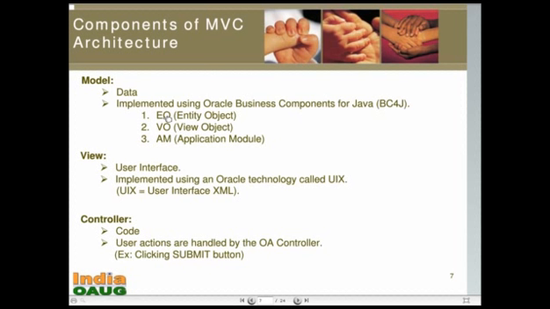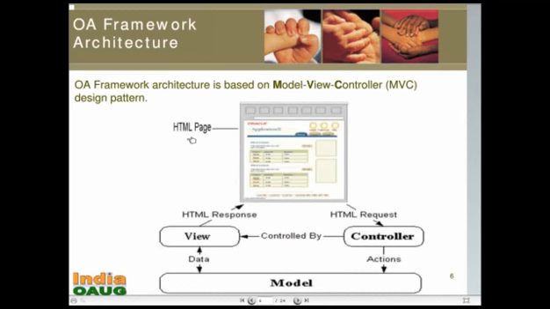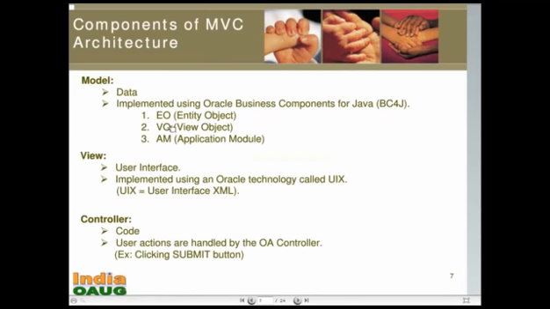EO stands for entity object, VO stands for view object, AM stands for application module. These three we call BC4J components, Business Components for Java. Inside the model we will find entity object, view object, and application module.